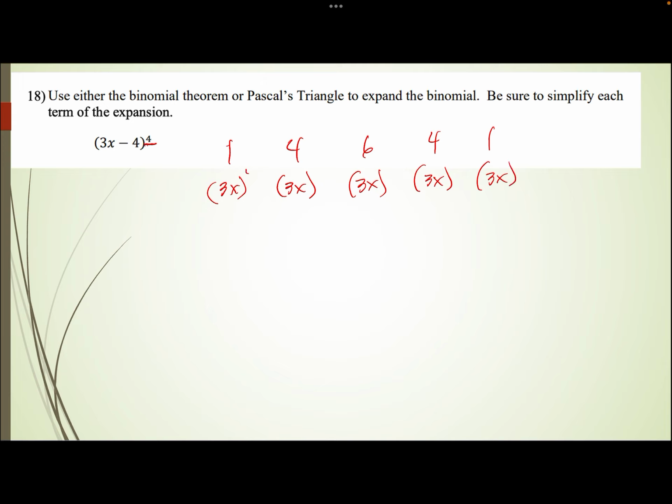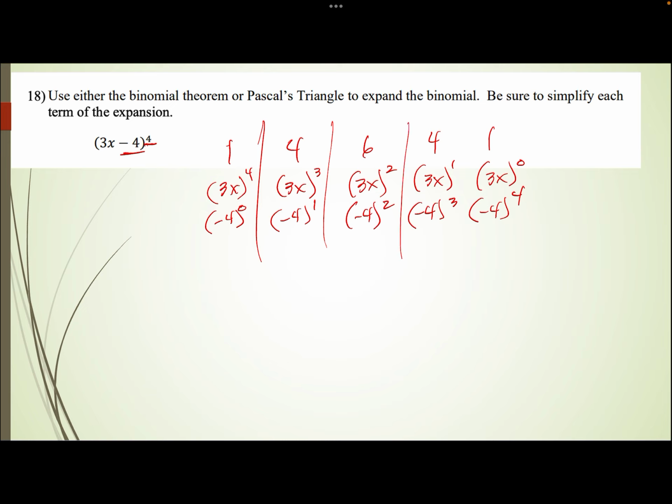So it starts with 4 and descends down to 0. And then negative 4, put parentheses on this one too, because the negative is going to alternate signs with the different powers. So this one I start with 0, 1, 2, 3, 4, and then I multiply all my columns together.